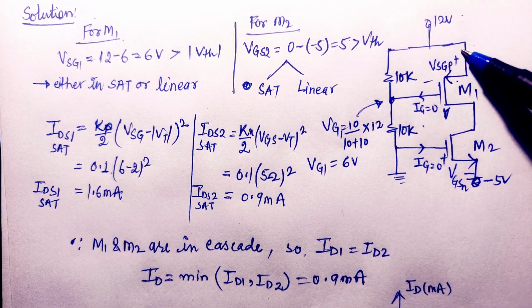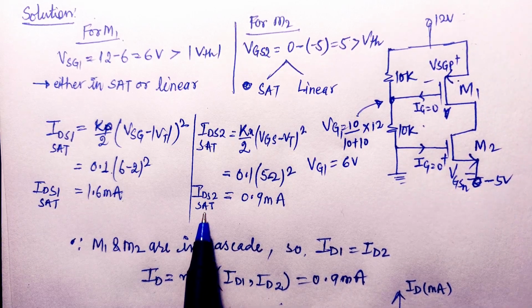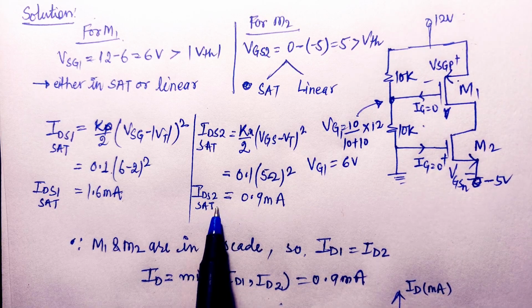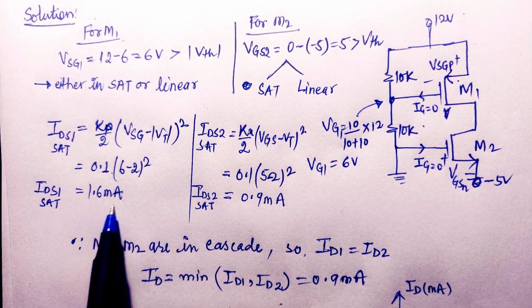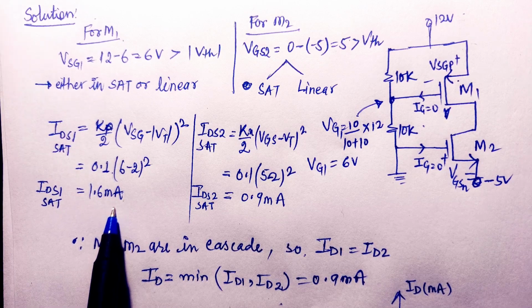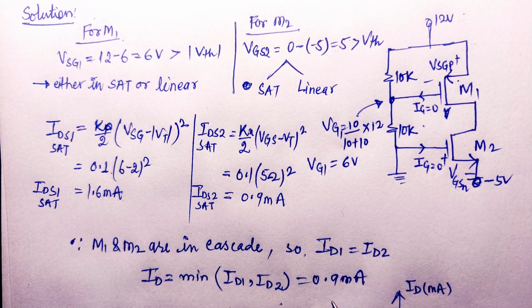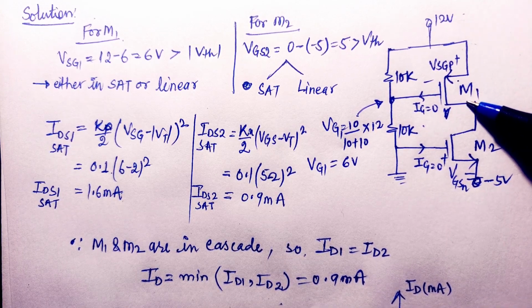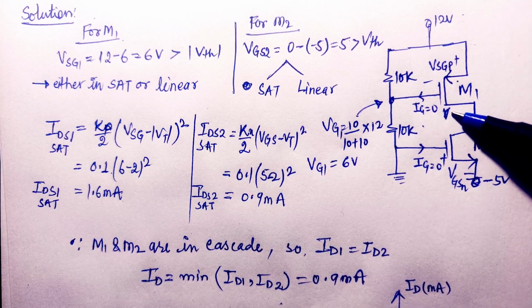If ID current is 0.9 milliampere flowing in this circuit, then we can say that this transistor M2 will be in saturation region, since its saturation current is 0.9 milliampere. But 1.6 milliampere current is required for this M1 transistor to be in saturation region. Only 0.9 milliampere current is flowing through this M1, so M1 will not go into saturation region, it will remain in linear region.